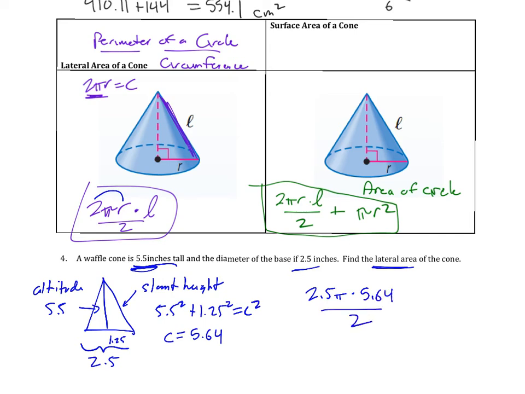That's going to be my answer. All right, so a little bit of calculating, and away I go. 2.5 times 5.64 is going to give you 44.296. That's my answer.